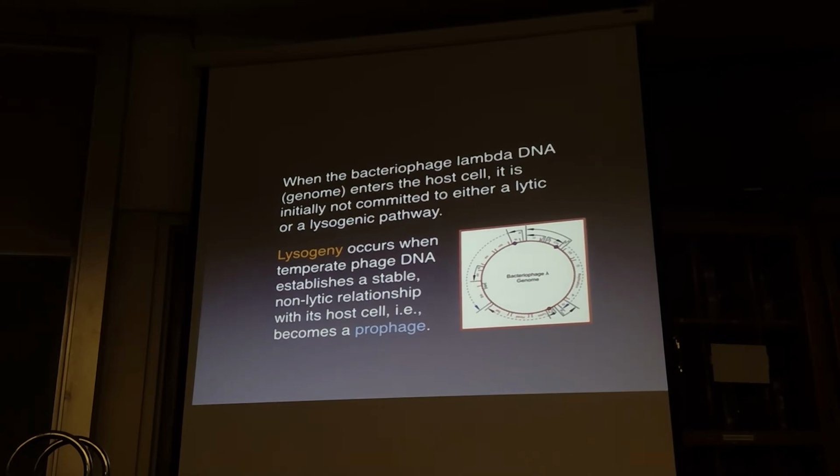Lysogeny is the condition that exists when a prophage has gone into the host cell chromosome. So we say that the cell has undergone lysogeny. The cell has also undergone lysogenic conversion. So a lysogenic cell, if an E. coli cell is lysogenic, it means it has a prophage in its chromosome.